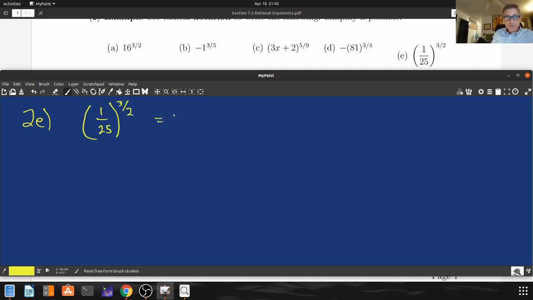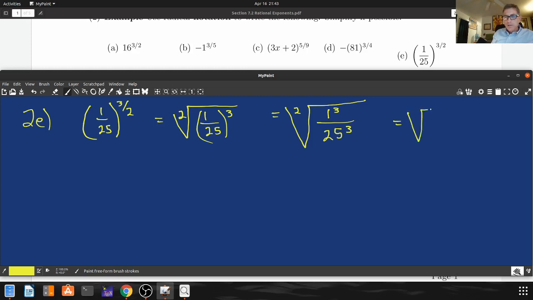Well, that's the square root. And if you want to put the 2 there, that's fine. Just remember, when the index is 2, it's the same as the square root of 1/25th raised to the 3rd power. But that's equal, by our exponent rules, to the square root of 1 cubed over 25 cubed.